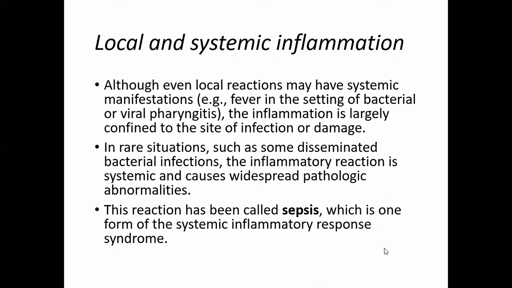In rare situations, such as disseminated bacterial infection, the inflammatory reaction is systemic and can cause widespread pathologic abnormality. This reaction is called sepsis, which is a form of systemic inflammatory response syndrome.